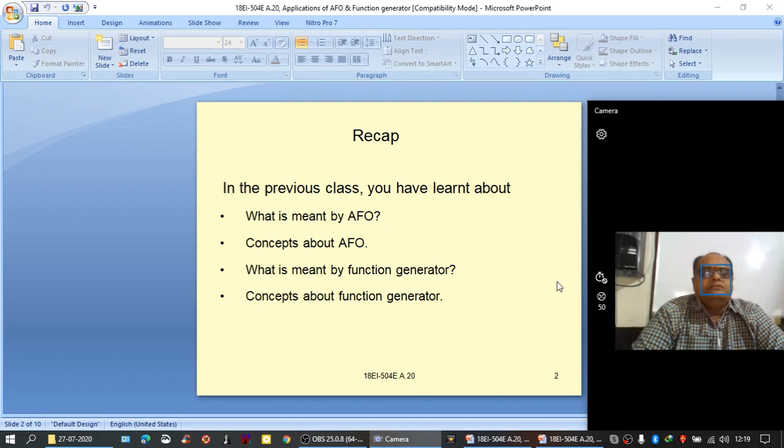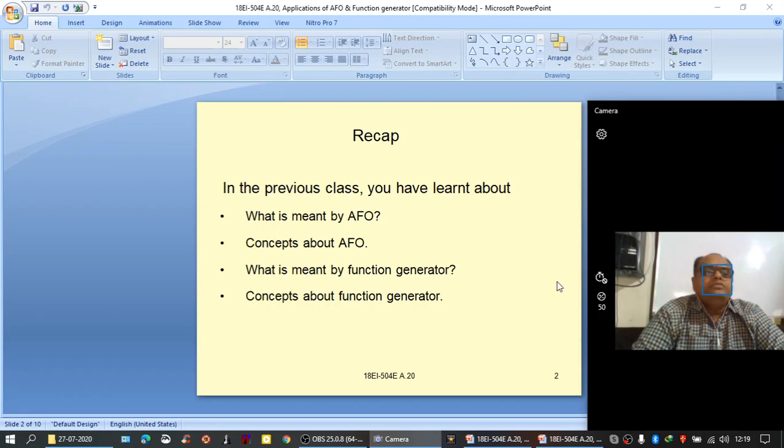But RC phase shift oscillator produces signals with a little distortion, and stability of signal frequency also will be lesser.